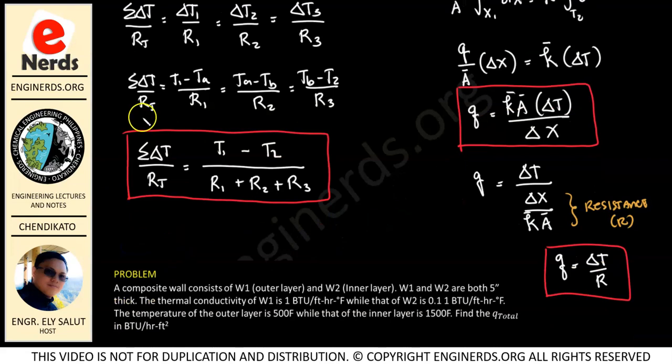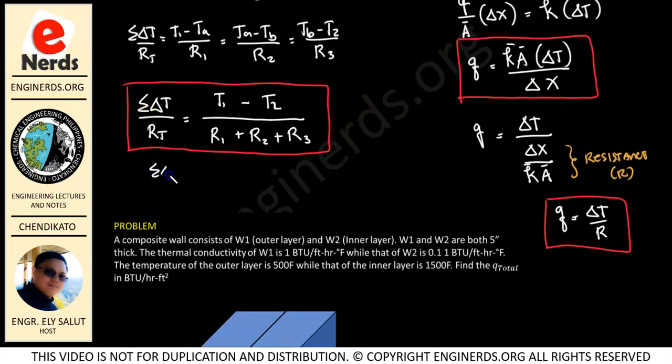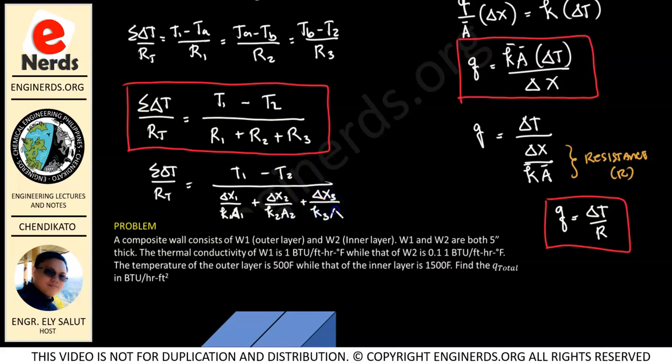So, to be clearer, summation of delta T over RT is equal to K times T1 minus T2. What is our R1? Okay, we can use this one. We have delta X, our thickness of wall 1, over K1 A1, our area 1, plus our thickness of wall 2 over K2 area 2, plus our delta X3 over K3 area 3.